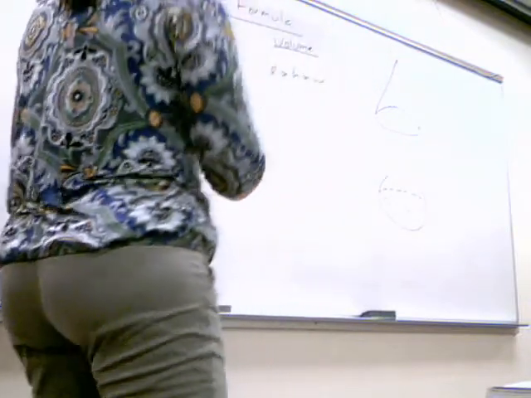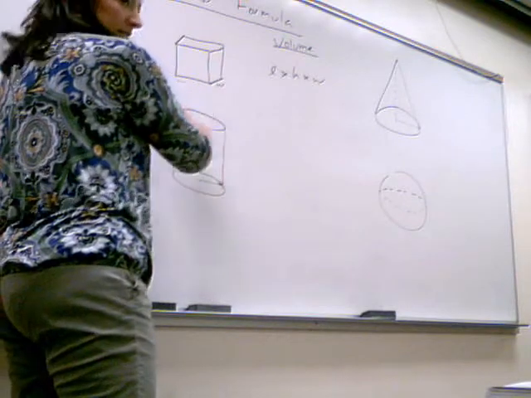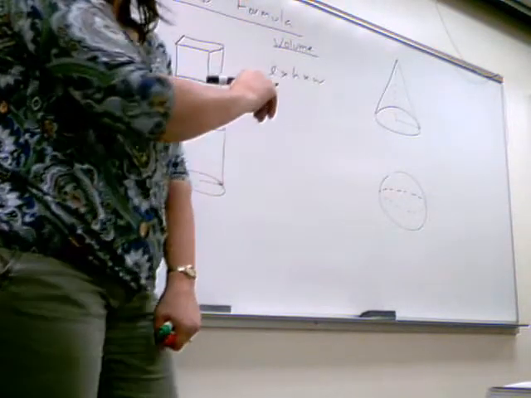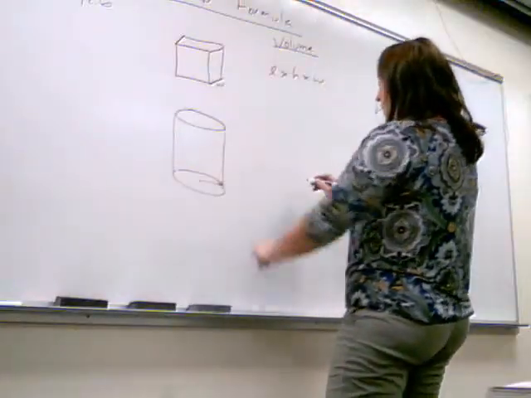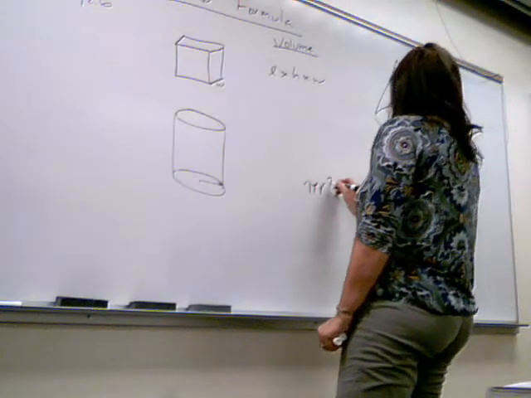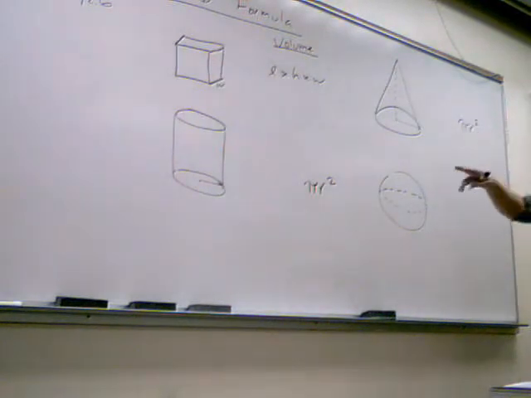What about the cylinder? Now, the one thing you can remember about a cylinder is, right, I've got a circle here. Okay? What circle formula will I use to kind of get to here? Pi r squared, right? Because that's going to give me the bottom part here. And I can use that on both the cone and the cylinder here.